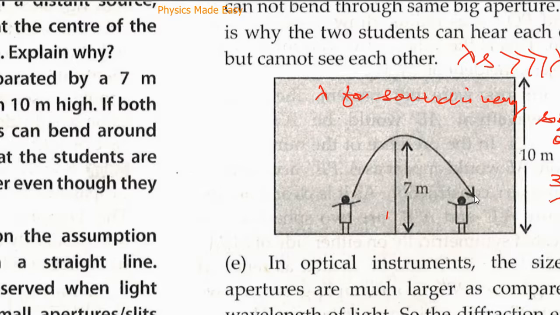You can see the velocity of sound in a typical case is 330 meters per second, v, and this is equal to wavelength times frequency. You can take any frequency or a very small frequency, and if you divide 330 by, say, 450, then the wavelength becomes very large, which is comparable with 7 meters.